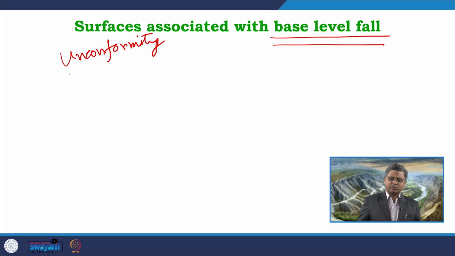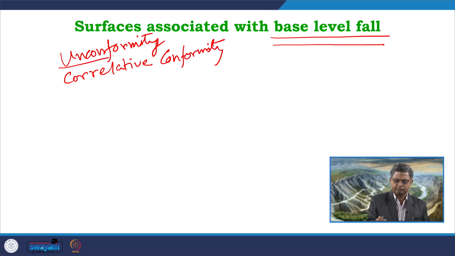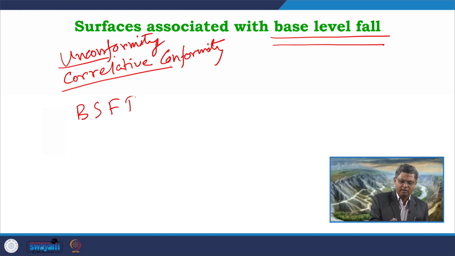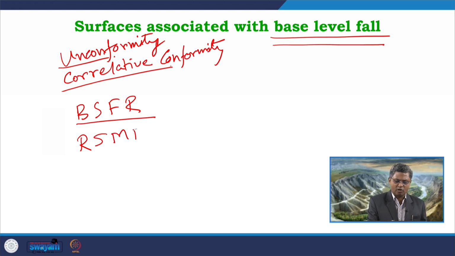The second surface associated with base level fall is the correlative conformity. The third surface is the basal surface of forced regression, BSFR. And the fourth surface is the regressive surface of marine erosion, RSME.